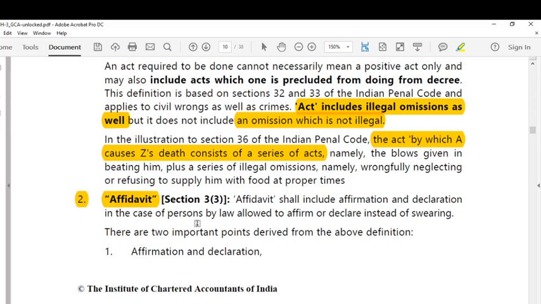That is the reason a student should have a clear understanding of the word affidavit as defined in the General Clauses Act.